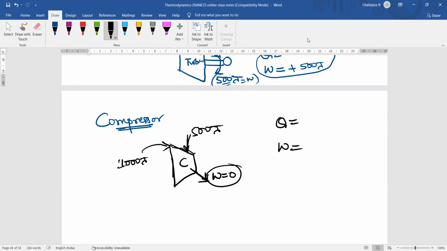Sir, work is 0. Work is 0 in one case. Here I am also using the words 1000 joule work is supplied to the compressor. Yes, it's positive, you should say plus 1000. And 500 joule heat is supplied to the compressor.